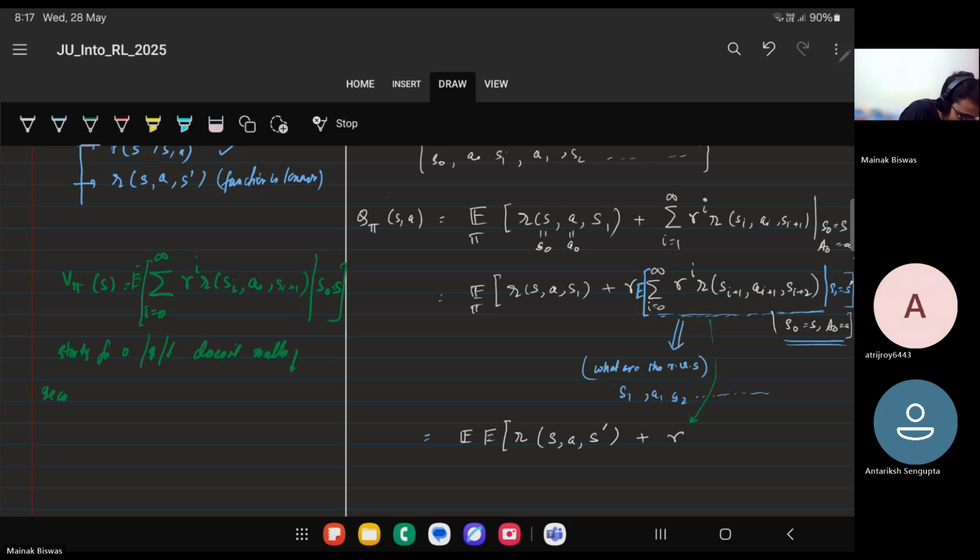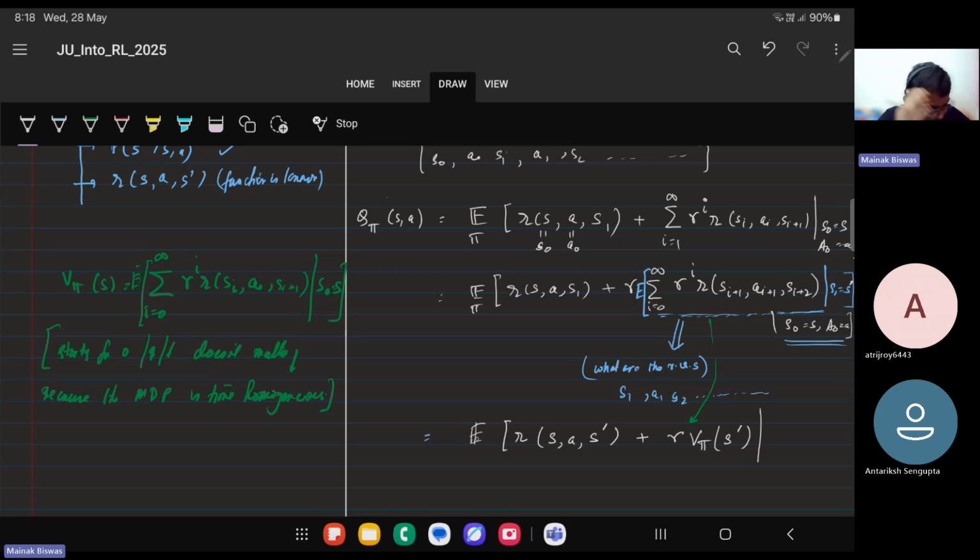Because the Markov decision process is time homogeneous. This is our assumption. Okay. So I can clearly write this as V pi of S dash. Again, we have done this before. So our two expectations can be written as a single expectation overall.